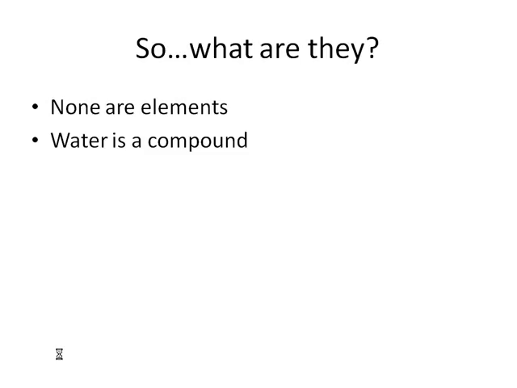Water is a compound, and the reason we know that is if you think about water, you probably already know that it has this formula, H2O. And what that's telling you is that you have an oxygen atom. I'm just going to make that my oxygen. And then we have 2 hydrogen atoms chemically bound to it.